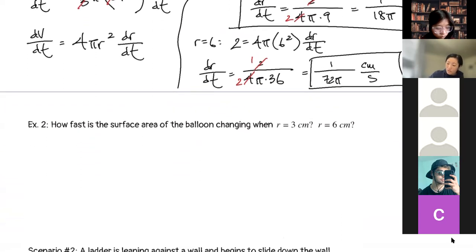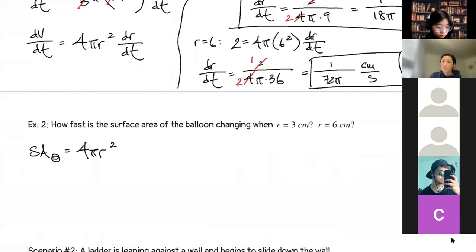Okay. So if this question is asking me for surface area of the balloon, perhaps the first thing I should do is write down the surface area formula for the sphere. And from above, we know that that's 4 pi r squared.